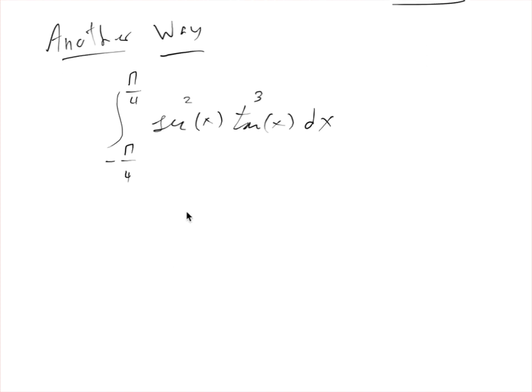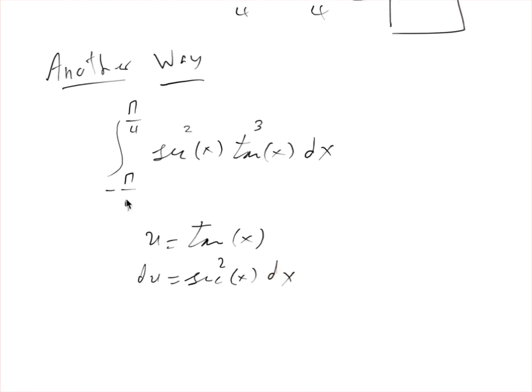And we did the u substitution, so I'm going to do it again. u is tangent x, du is secant squared x dx, and then when we set this up, we continue in the same line.